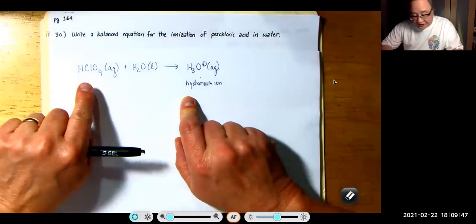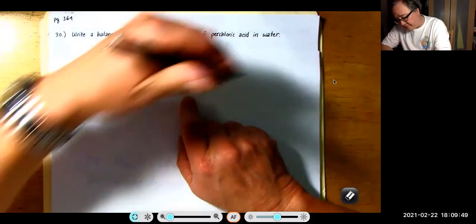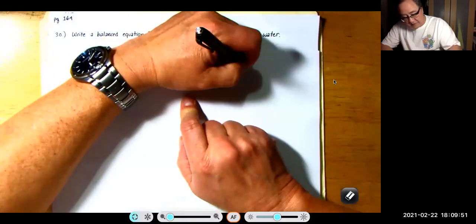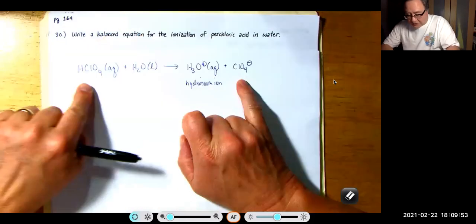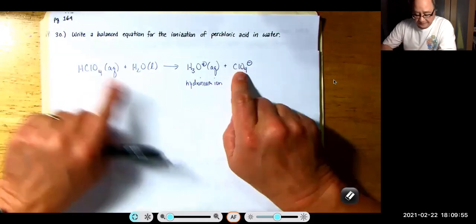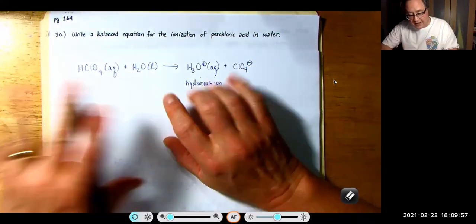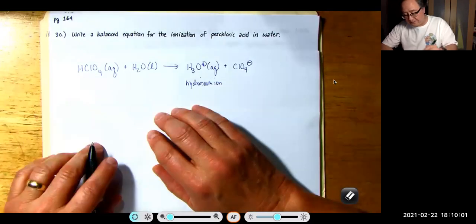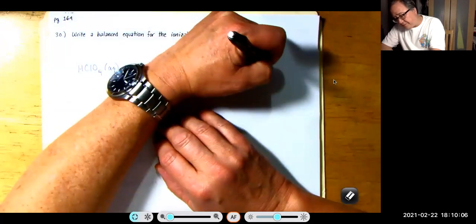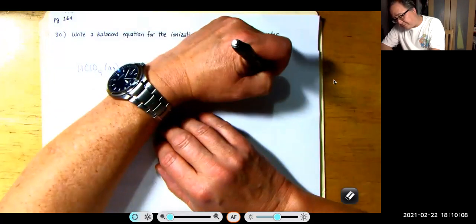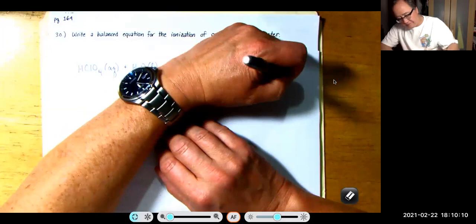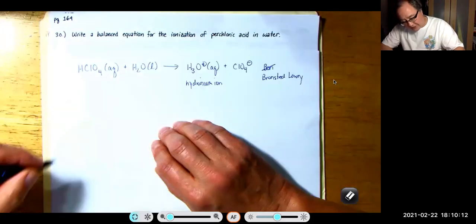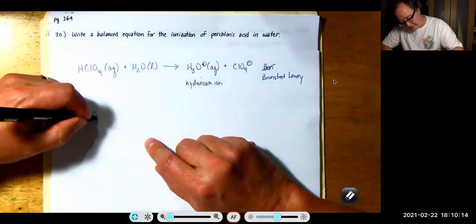This, because it loses an H+, becomes just ClO4, but it also has to have a negative charge. So this is one way to write the balanced equation for the ionization of perchloric acid in water, and this would be the Bronsted-Lowry way of doing it. And there, of course, is another way to do this, and that's this way.